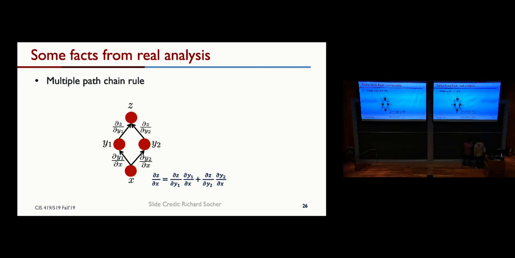Now suppose x1 was equal to x and x2 was equal to x. This is the graph I'm taking: x goes to x1 and x2, and then this goes to z, which is equal to x1 squared plus x2 cubed. You found the gradients with respect to x1 is 2x, and x2 is 3x squared.